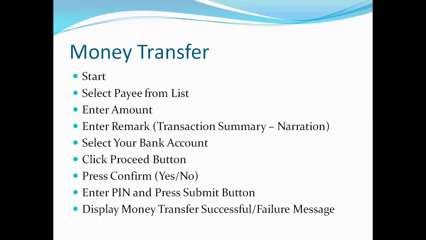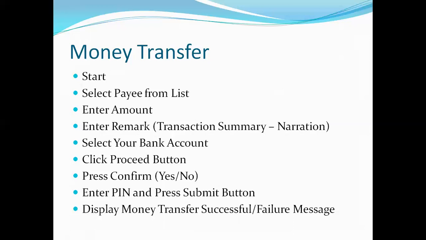So if I'm confirming yes, then the system asks me for security information, that is my PIN, the personal identification number, a 4-digit number. So I'm providing that 4-digit number correctly and pressing the submit button. So here the basic flow is important and the alternate flows are also important.